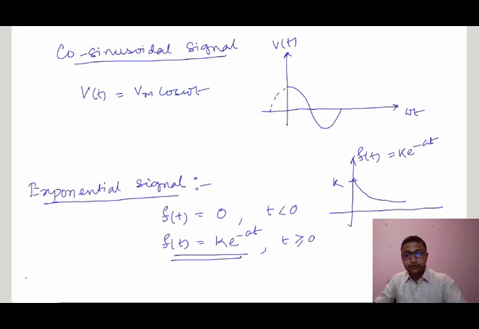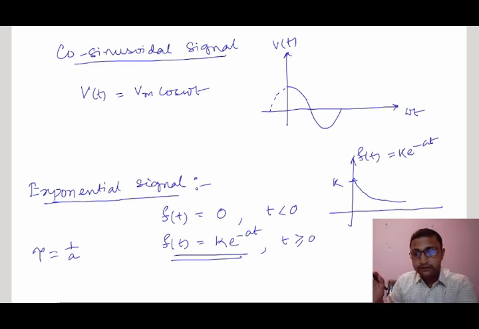So tau, which represents the time constant, is equal to 1 by a. a is some constant and the inverse of a is called the time constant. Clear?